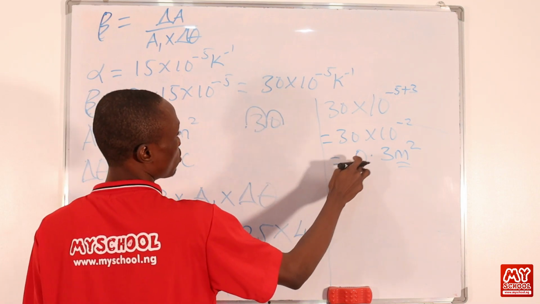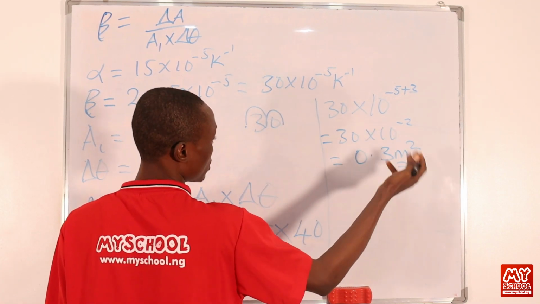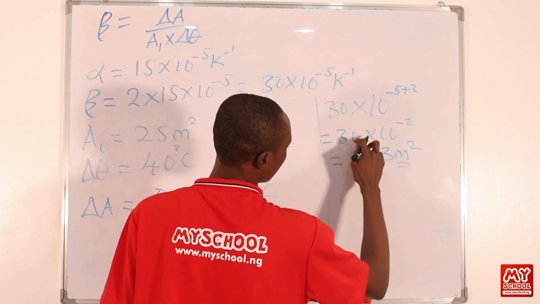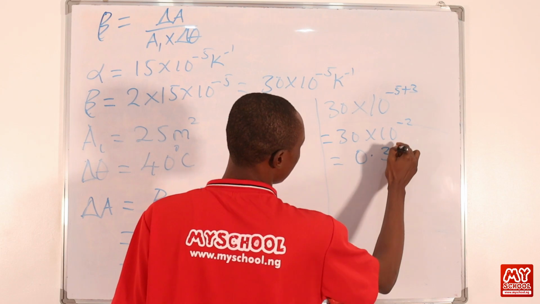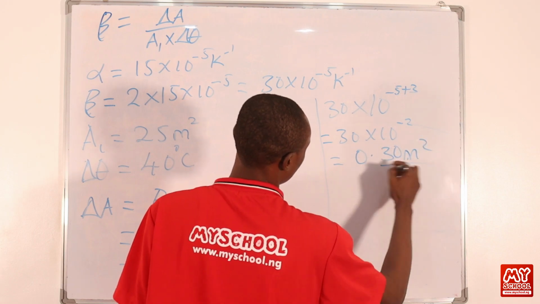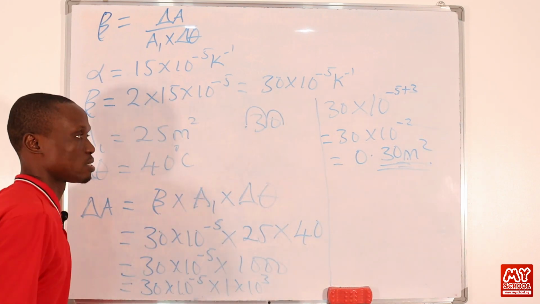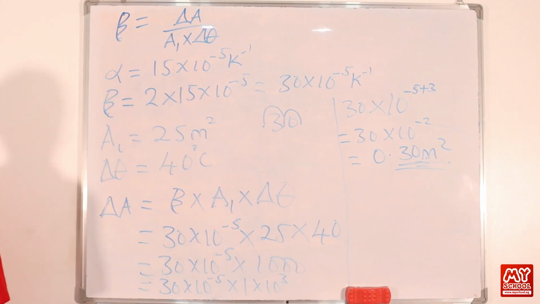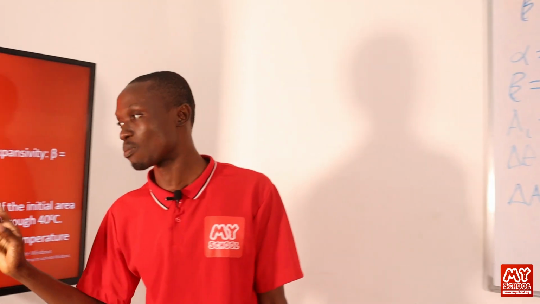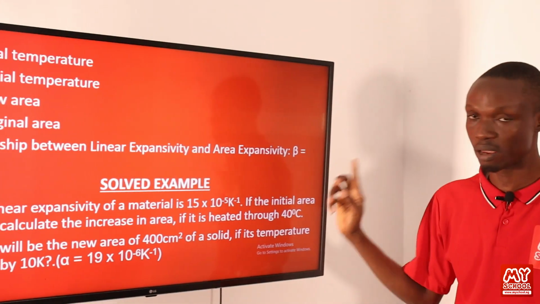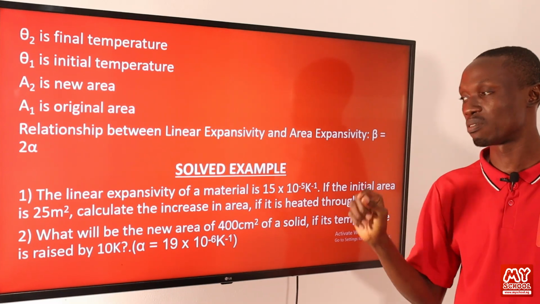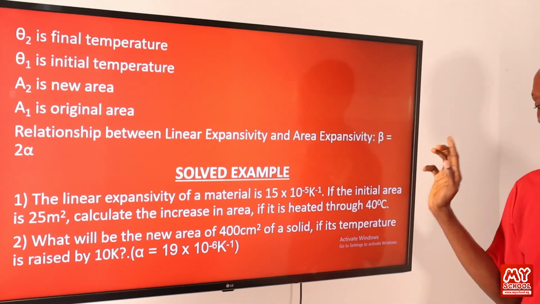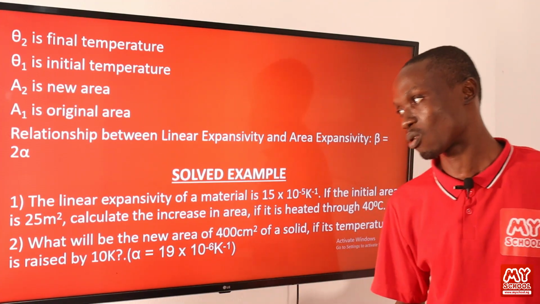So this will result to 0.3, or let's put the 0, which will give us 0.030 meters square. So this is the answer to example 1 question. Remember, in example 1, I asked to calculate the increase in area. So the increase in area is equal to 0.30 meter square.